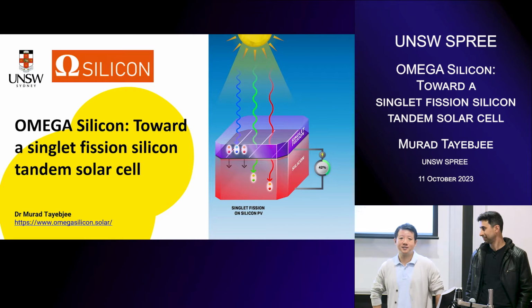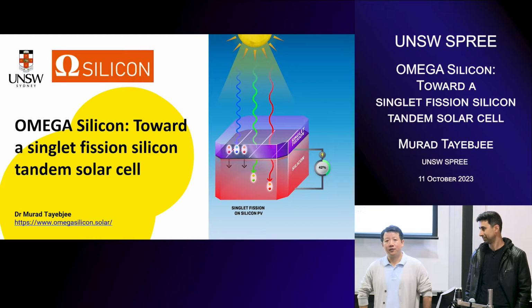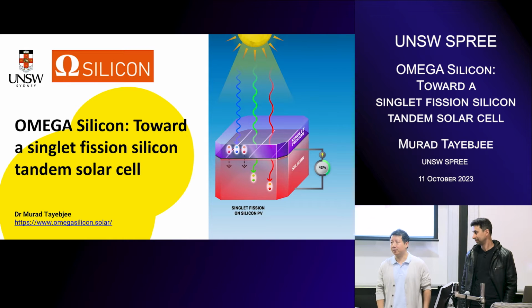Dr. Murad is an ARC Future Fellow and Senior Lecturer in SPREE, and he's also the Deputy Leader of Omega Silicon. His expertise is in spectral management of solar cells, as well as ultra-fast laser spectroscopy.